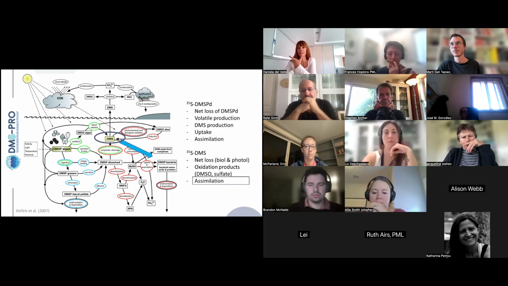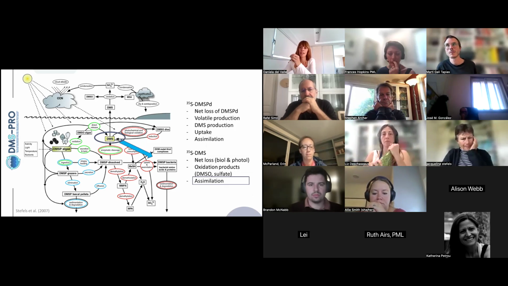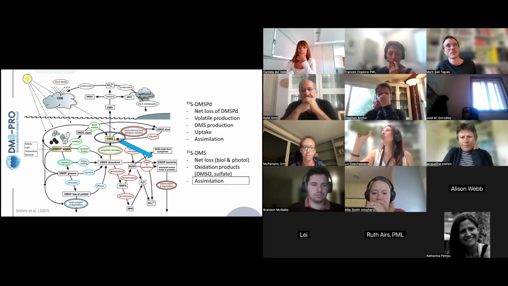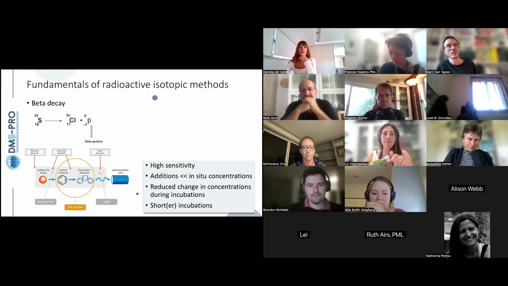And we can also quantify the fraction of that consumed DMS that is assimilated into macromolecules. So there are quite a few processes that we can measure with this approach.